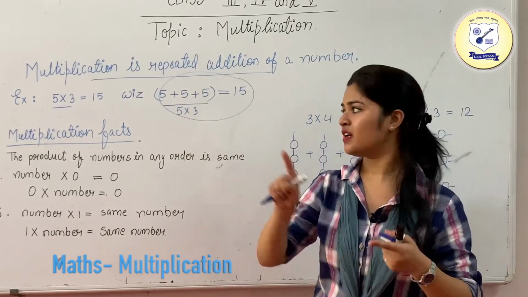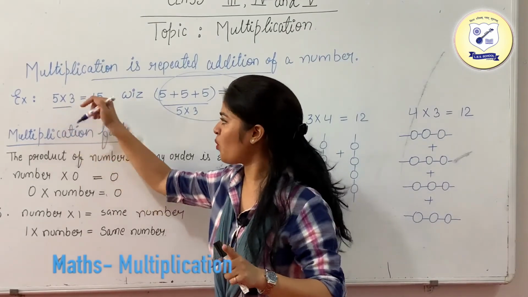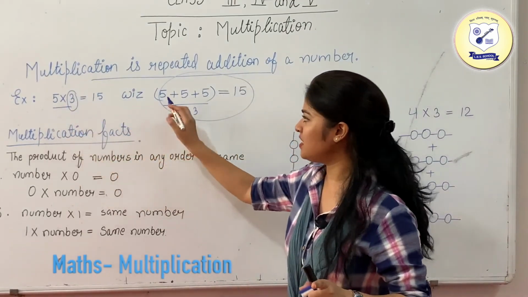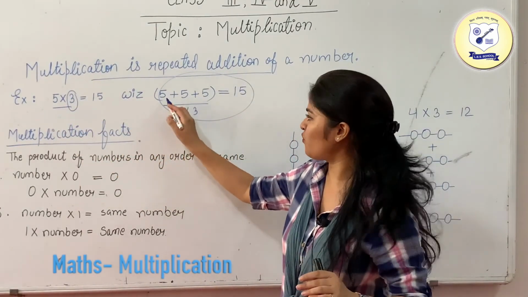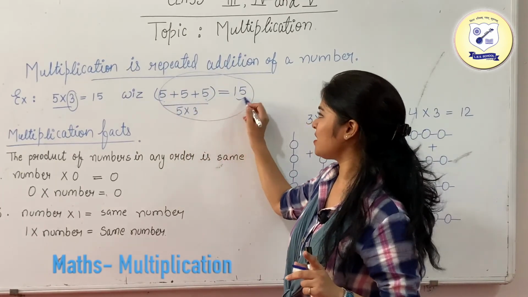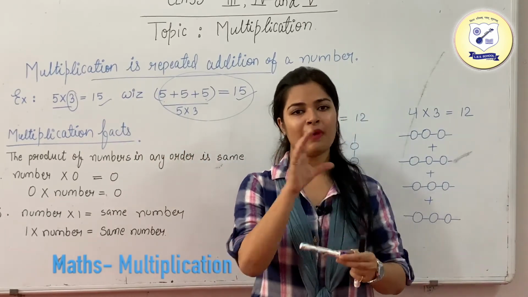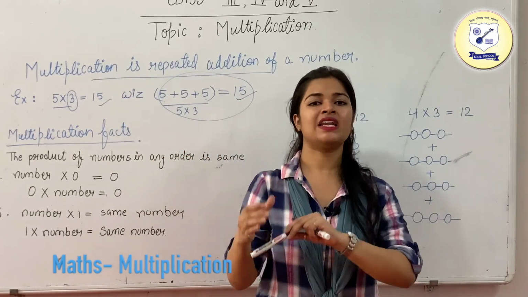We have added 5 three times, so it would be 5 plus 5 plus 5, which equals 15. As you can see, we have got the same answer. So multiplication is the repeated addition of a number.